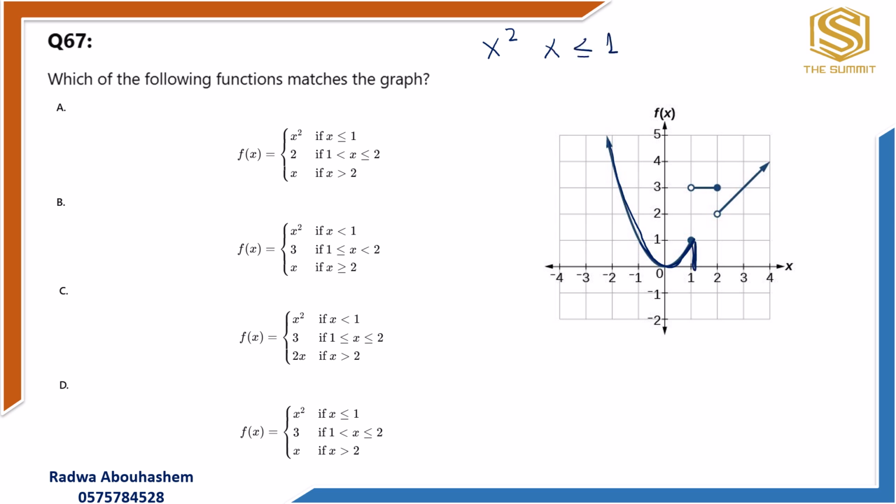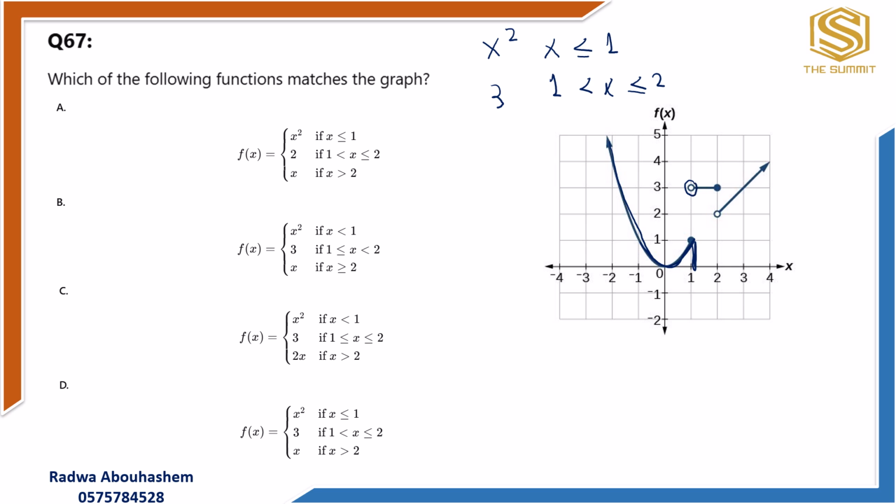Then we have a constant function at 3 when x is between 1 and 2, right? So 1 is smaller than x, which is smaller than or equal to 2. And I will not put the equal sign here because of the open circle.